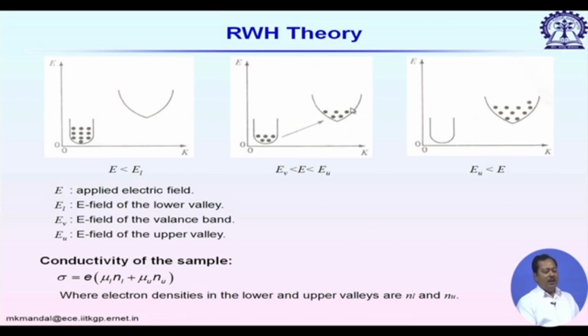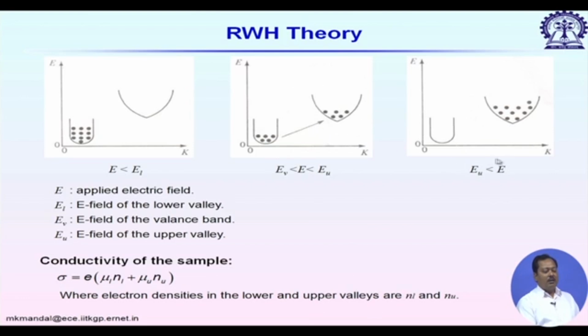Since the effective mass of the electron is high, the electron mobility is low. That means the electrons in this second conduction band, in the upper valley, have lower velocity. So, if we keep on increasing the electric field, more and more electrons will transit to this upper valley, and as a whole the overall current will decrease due to the reduced velocity in the second band.